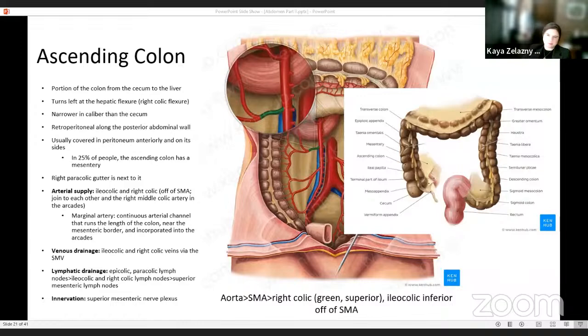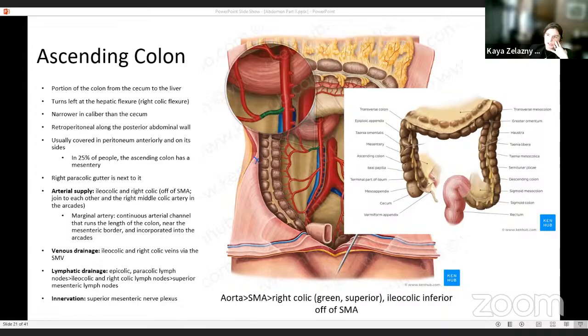We won't really change the definition just for that anatomical variation. Okay. Next to it, we do have a gutter where we can have fluid drain. So we would have our right pericolic gutter right next to it.